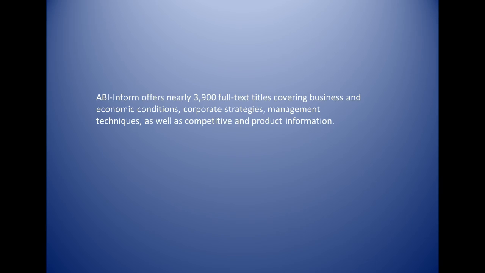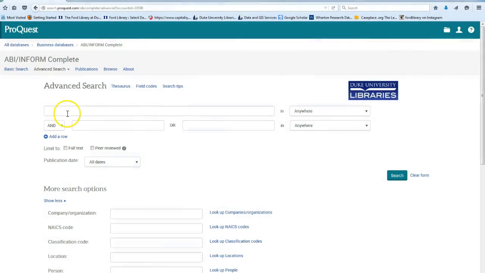ABI Inform offers nearly 3,900 full-text titles covering business and economic conditions, corporate strategies, management techniques, as well as competitive and product information. By searching ABI Inform, you can update your prior research or find articles on hard-to-locate products or niche markets. Today, I'll search the meal kit delivery market.